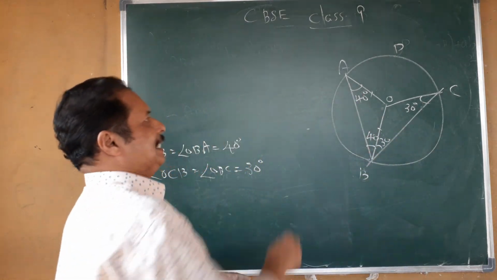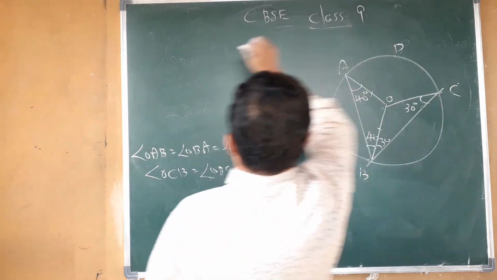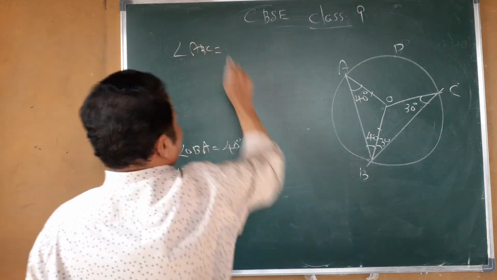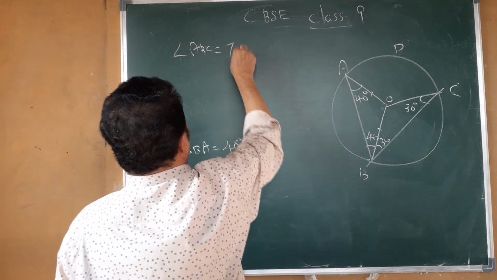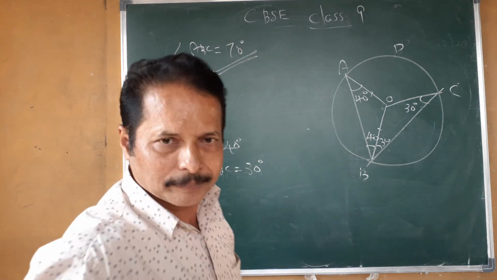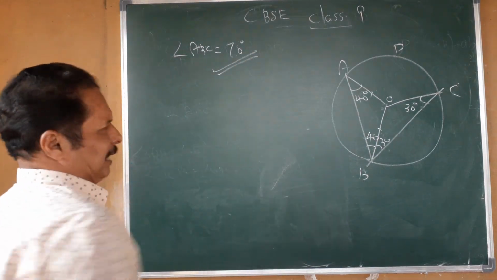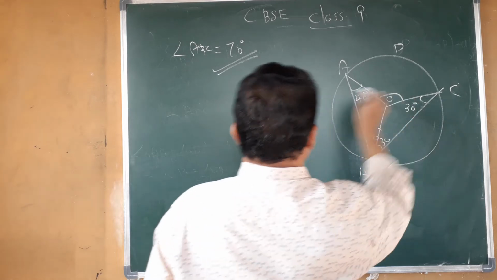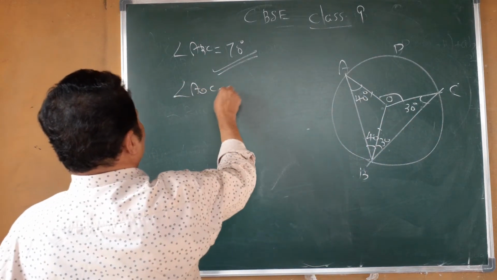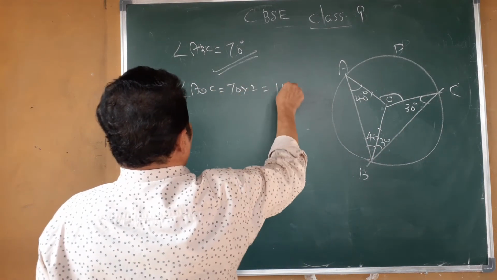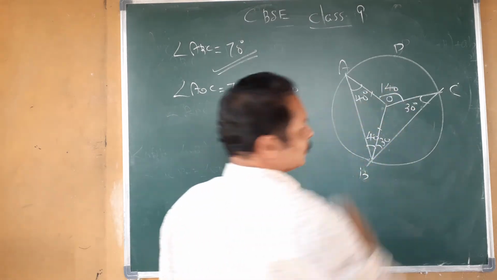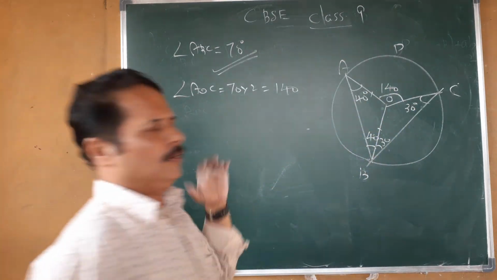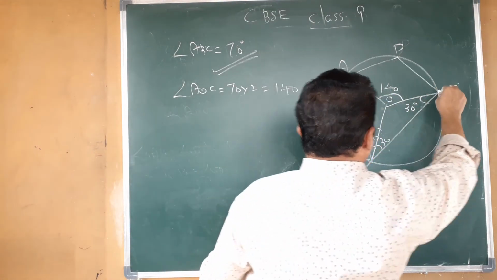So what is angle ABC? Look at the figure. It is given 40 plus 30, that equals 70. Any doubts? And if that is 70 degrees, what is the central angle of the opposite arc? 70 into 2, that is 140. You studied it in the previous problem. And what is this angle?